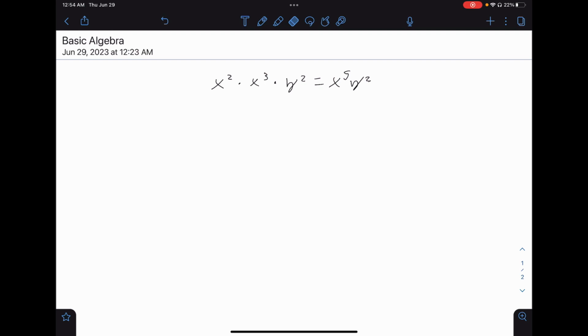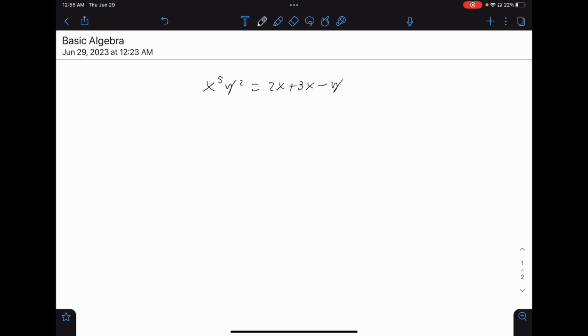So let's demonstrate that. If we had x to the fifth power times y to the second power is equal to 2x plus 3x minus y, I'm going to say solve for x to the fifth power.